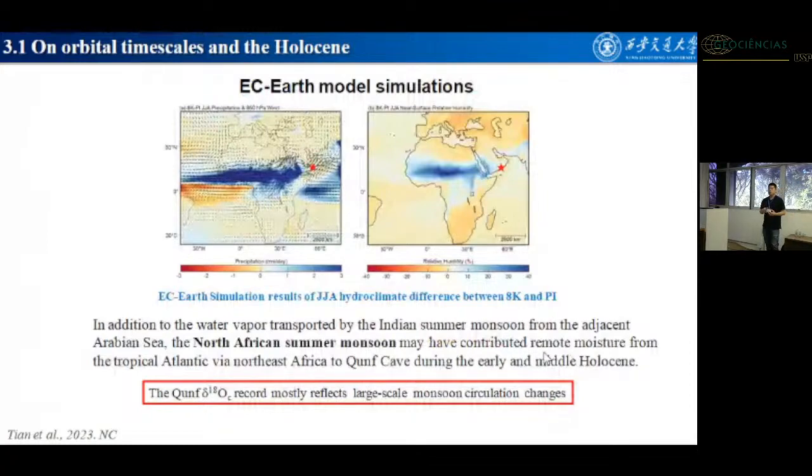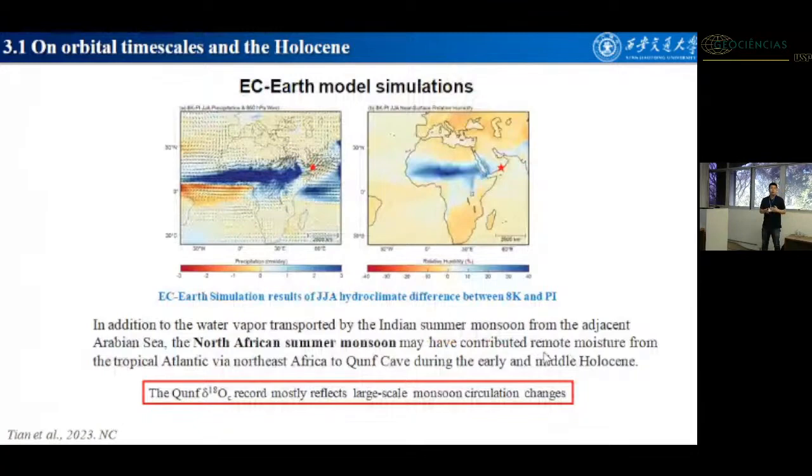So the remote moisture from the African region results in lower local precipitation δ18O, but the local rainfall is not high, it's less. But the δ18O values are really negative. So from this view, we can see that for the early Holocene, maybe the North Africa summer monsoon has a large contribution to this location.